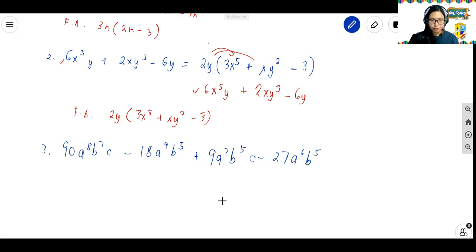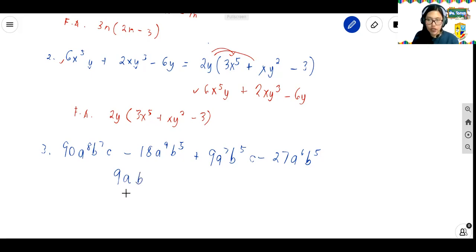If we think of the GCF, it's actually 9. And then let's look at the different variables. We have ABC, just AB, ABC, just AB. So A and B are the common variables because C is not present at all. So I will put here A and I'll put here B.